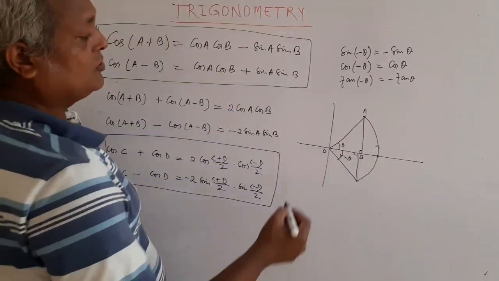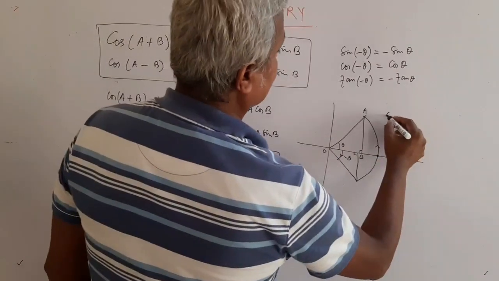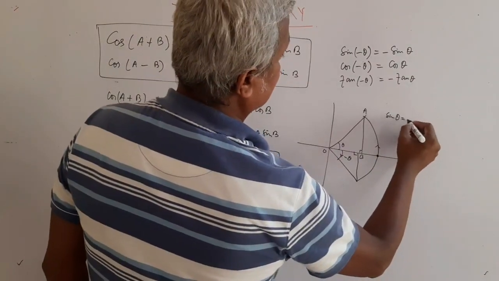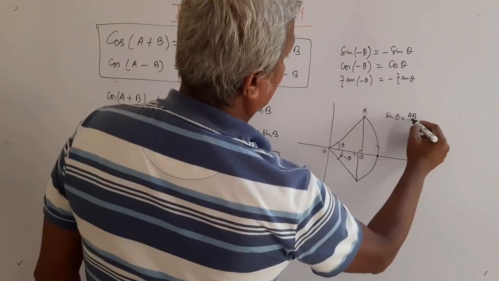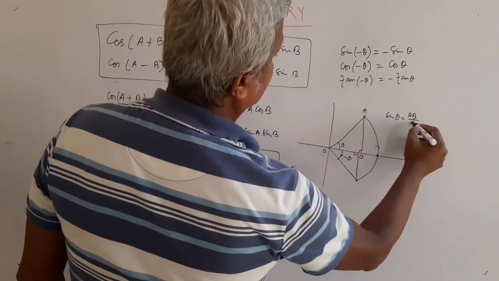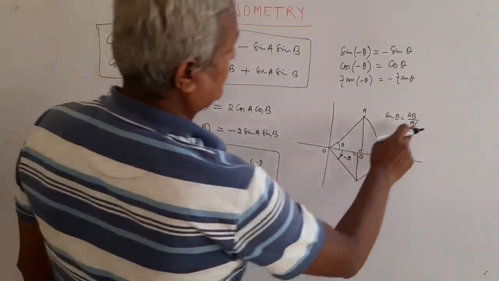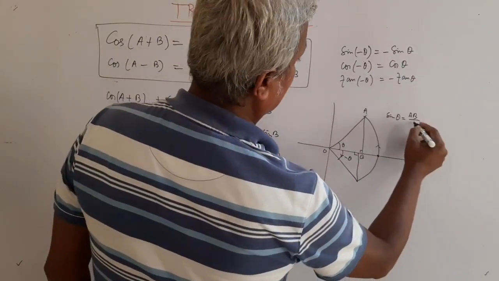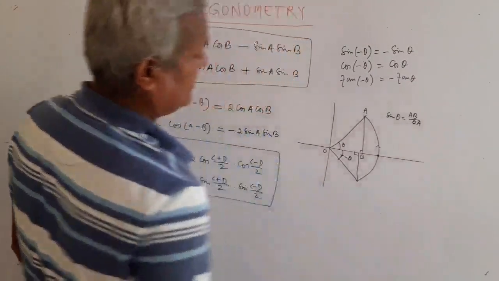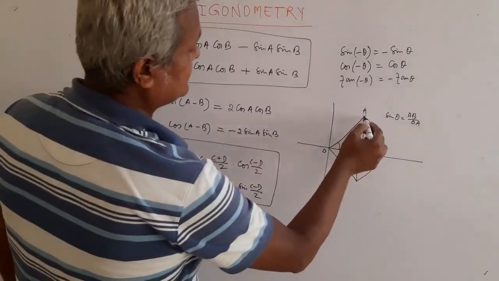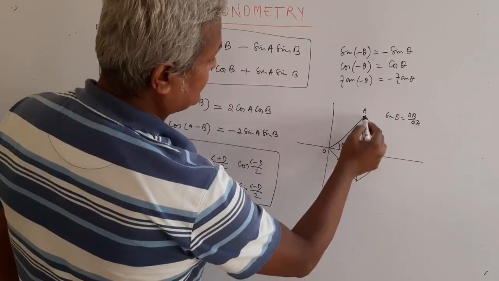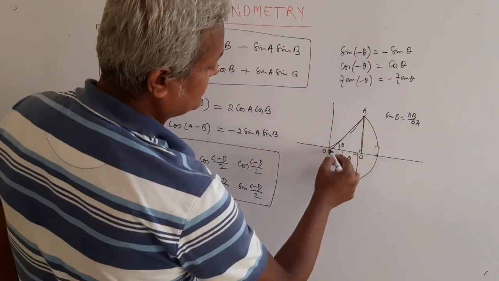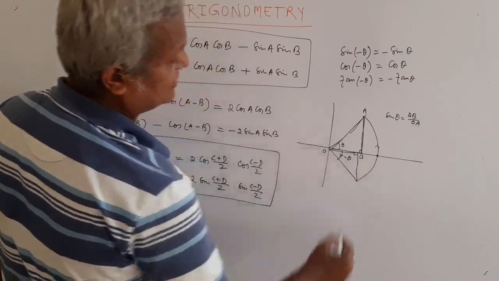now just see sine theta. Sine theta is opposite, which is AB over OA. This is AB and the OA is this. I just told you that hypotenuse is always positive and this is adjacent for this triangle.